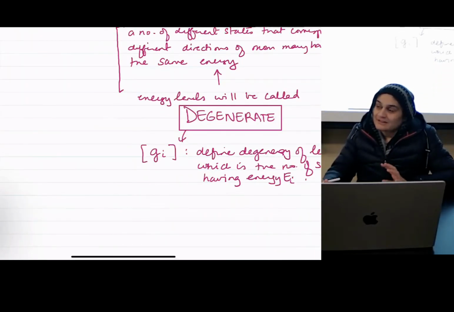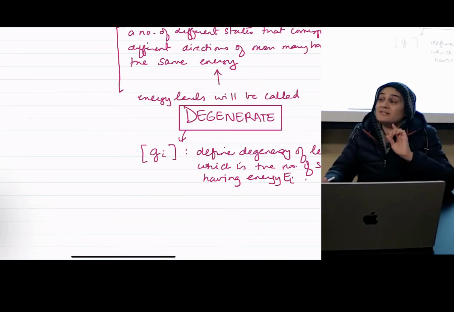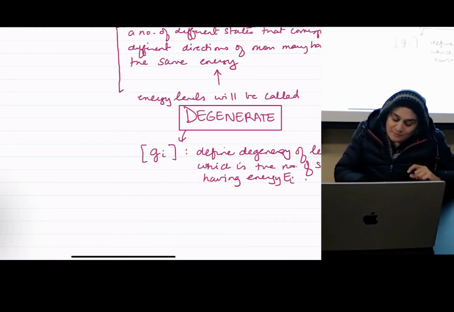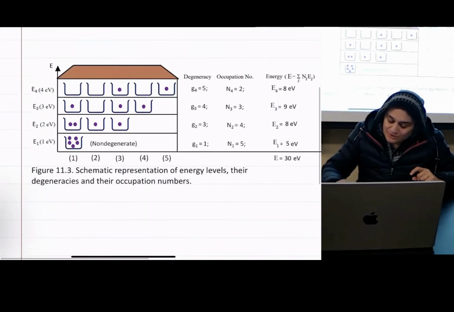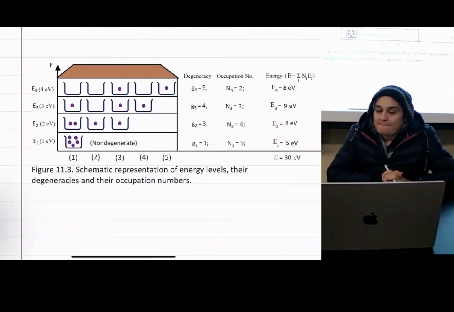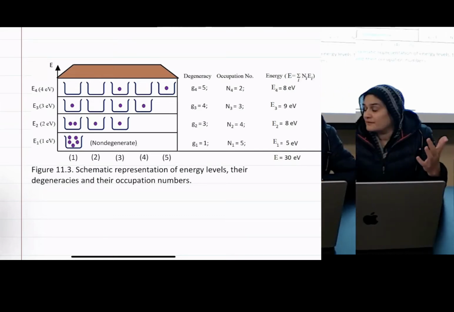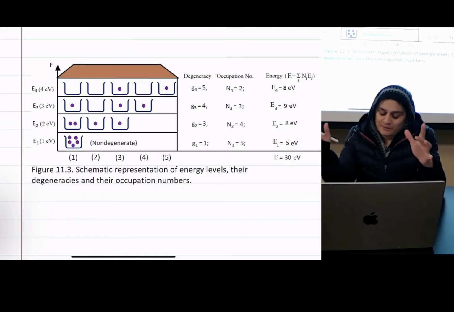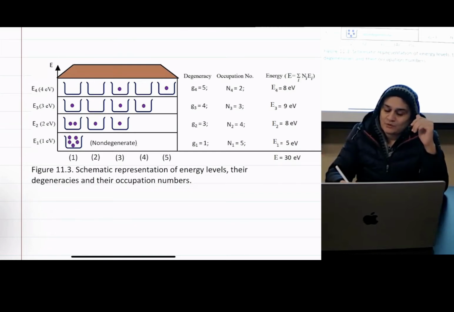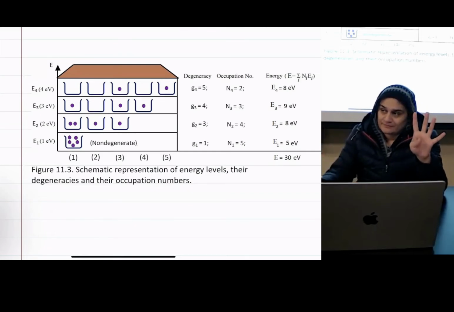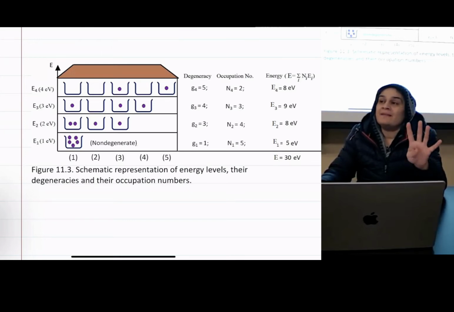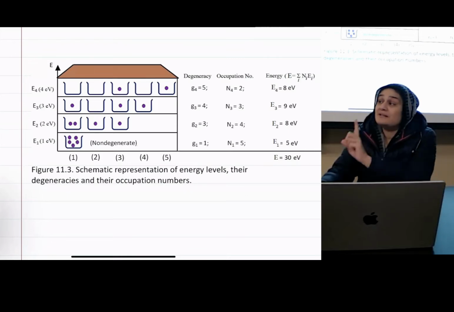So here's what that word means. We're still going to define it as g subscript i. But the way I'm going to explain these things to you is by giving you this picture. If you have an apartment building that has 1, 2, 3, 4 floors, each floor in that apartment building can be considered as an energy level in quantum mechanics or in statistical mechanics.